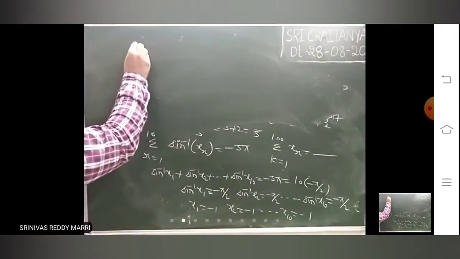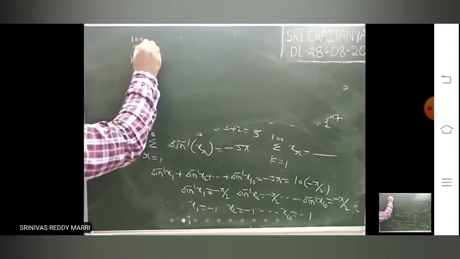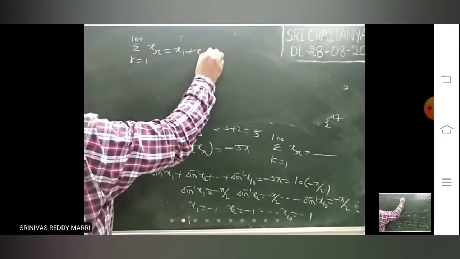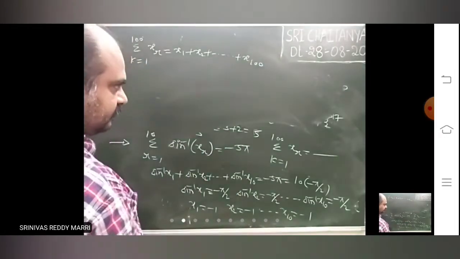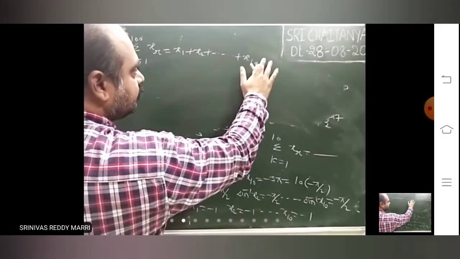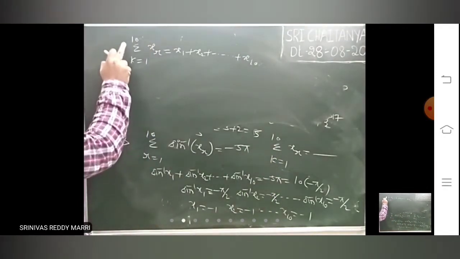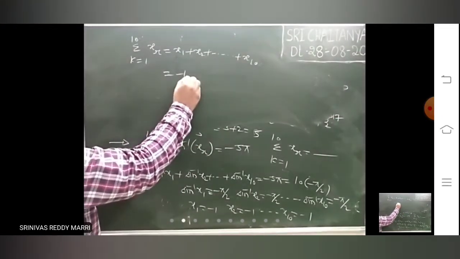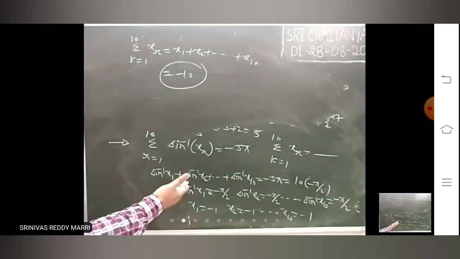Therefore, what is he asking? Sum of xk, k equal to 1 to 10, means expand this: x1 plus x2 and so on up to x10. So how many minus ones are these? 10 minus ones. What is the answer? Minus 10. That is the answer. Just as simple as that.